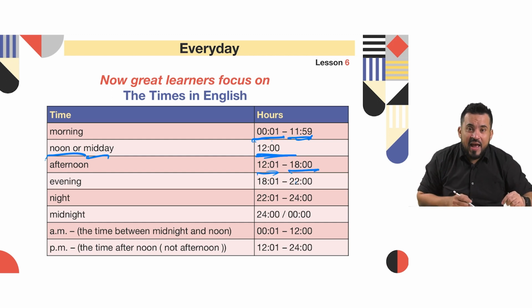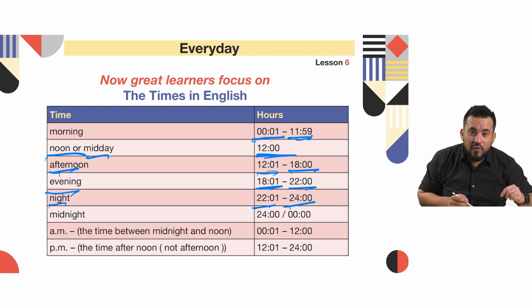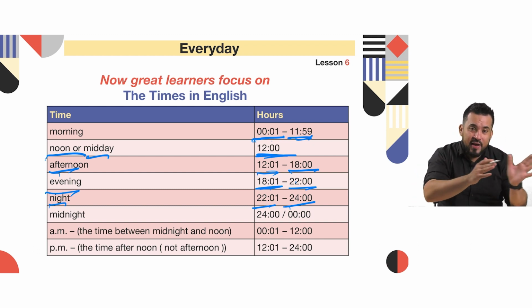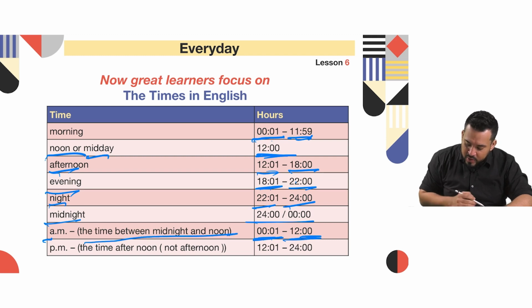Evening is from 6:01 until 10 o'clock. Night is from 10 o'clock until 12 midnight. So it's only a 2-hour gap. Midnight is at 12 midnight. And then from 12:01 until morning, this is between midnight and morning.